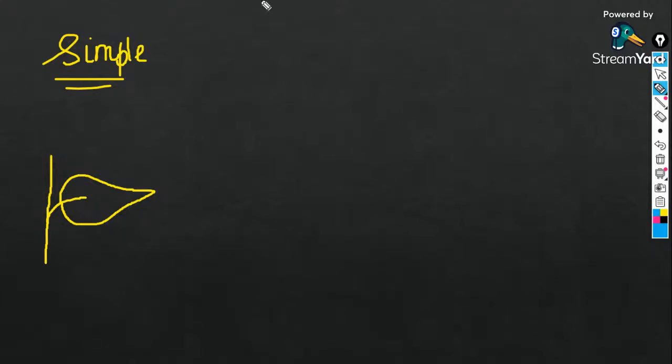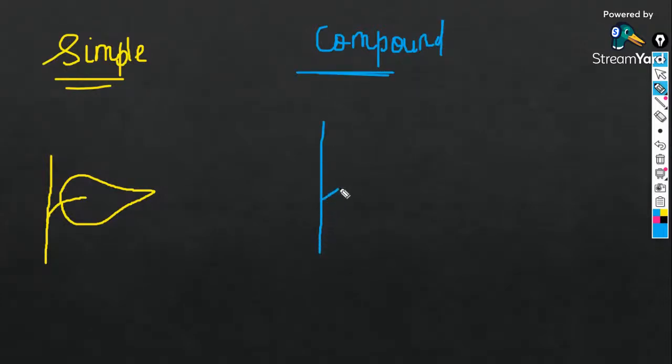What do you mean by compound leaf? Compound leaf means this is a stem. There would be a long axis. On that long axis, you will find leaves like this. Can any one of you name a plant where you can find leaves like this?